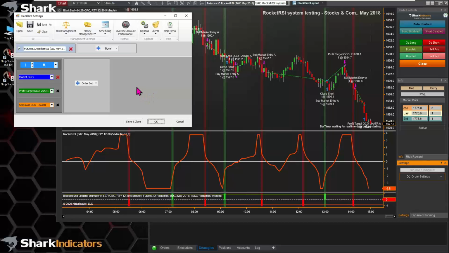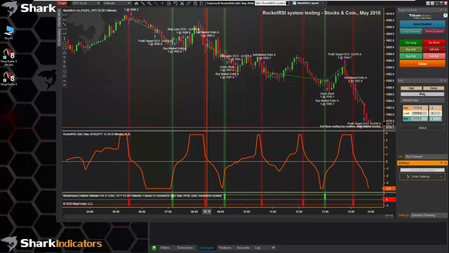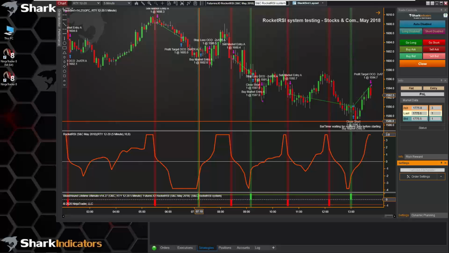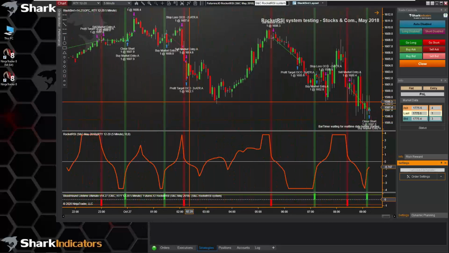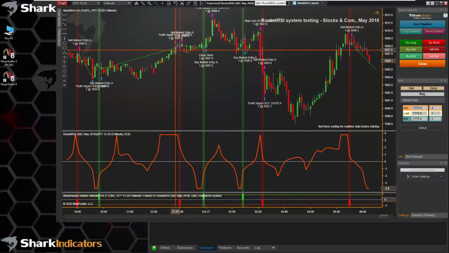And let's apply some constraints here. For example, most people won't be trading overnight, right? So in these backtest results, let me scroll back. Yeah, so here are some trades in the middle of the night, right at 11 p.m., 1:30 in the morning, 2 o'clock in the morning, right?